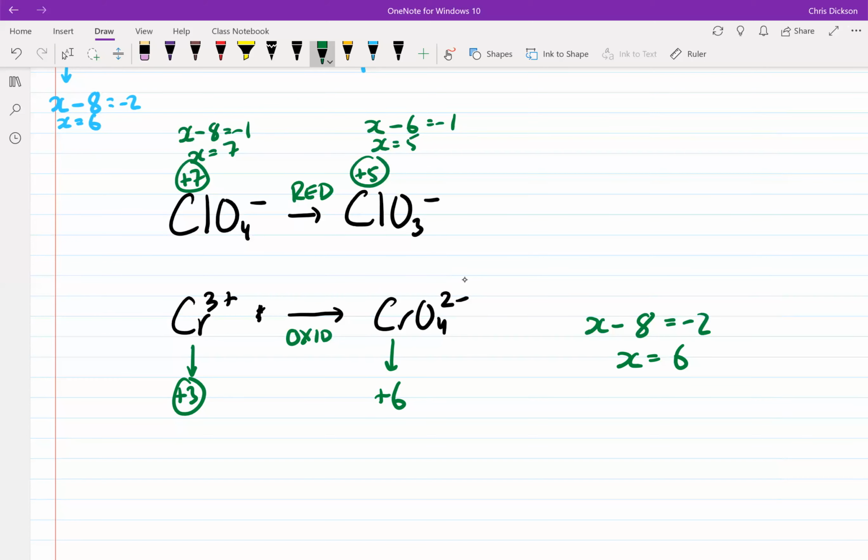Okay, so that's one way to do it. But there is a shortcut you can do here, and it involves not so much math, but just thinking about what's happened to the compound. So I'm going to get you to look at the second example here. Here we go from a chemical that has no oxygens, and then you've stuck some oxygens onto it.